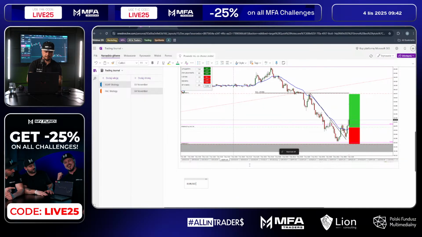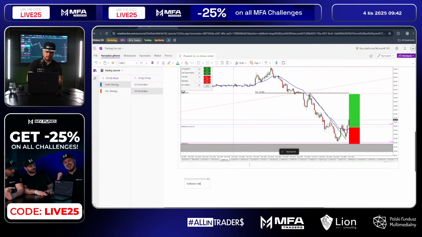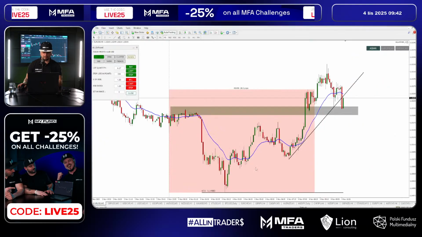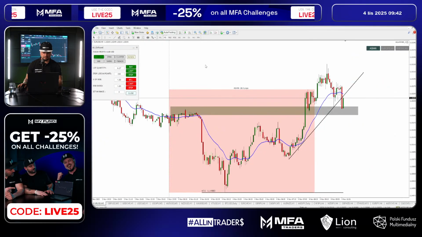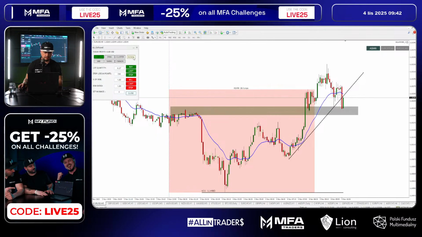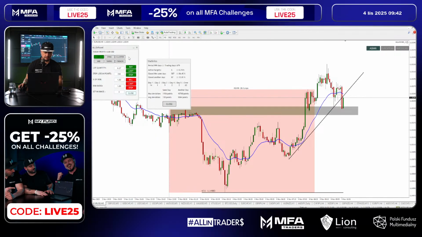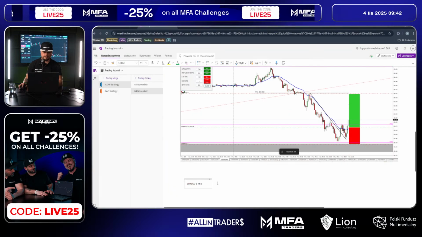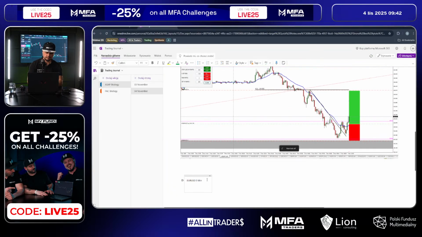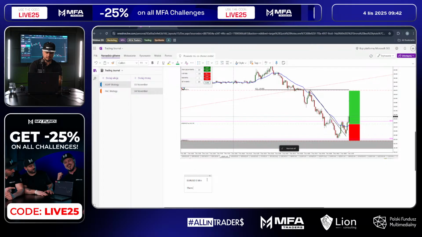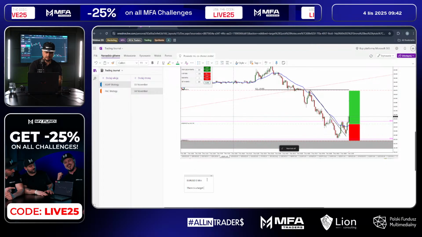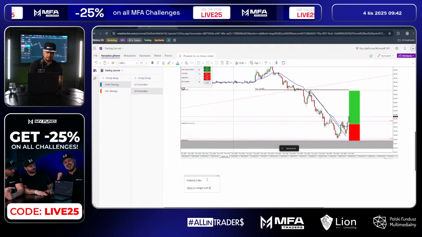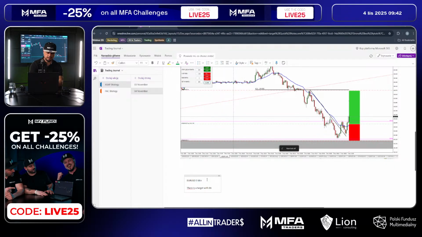Euro USD 5 minutes. 5 minute time frame. We got target. There is a target with 86%.